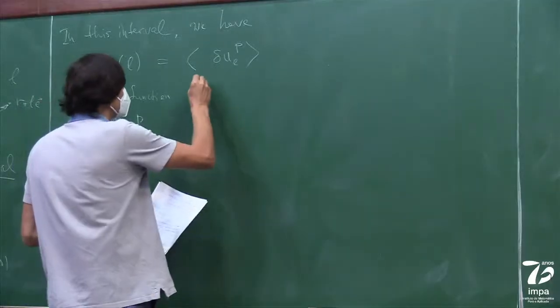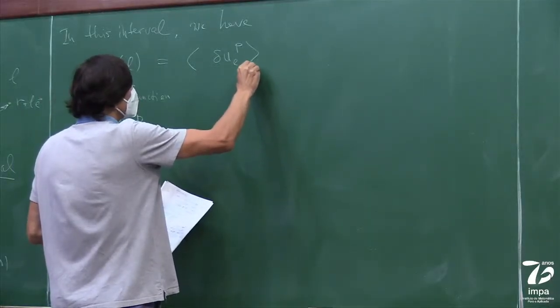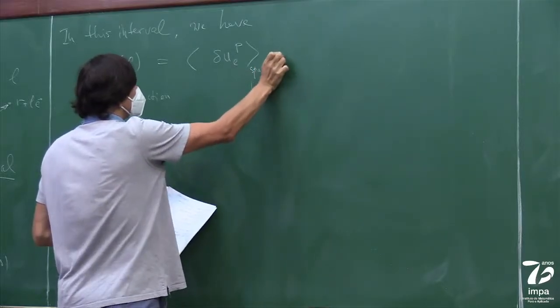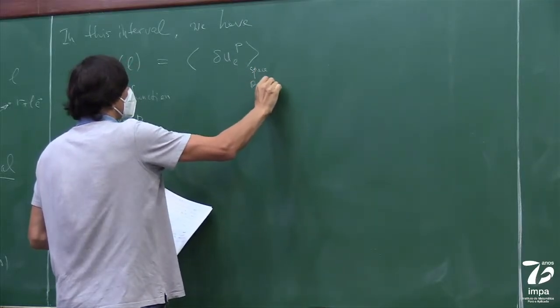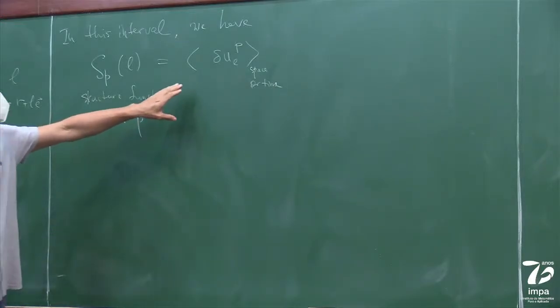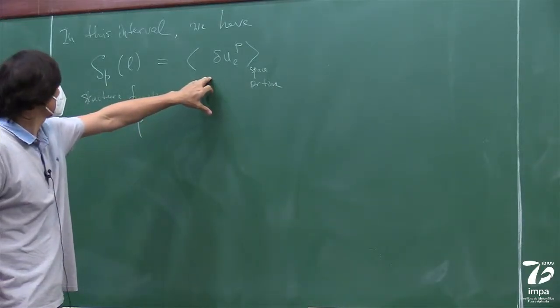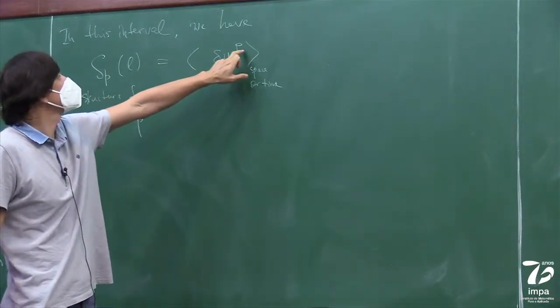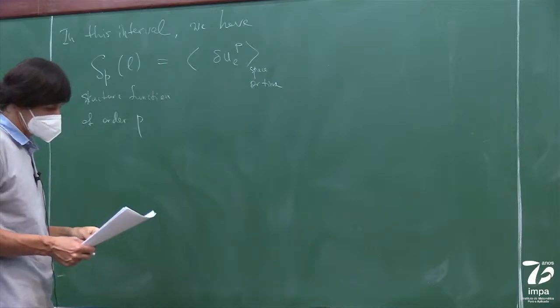This average is usually a space or time average. Usually it doesn't matter. So you just take the mean fluctuation to the power p, and this is called the structure function.